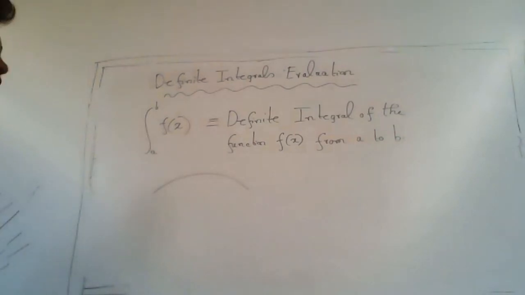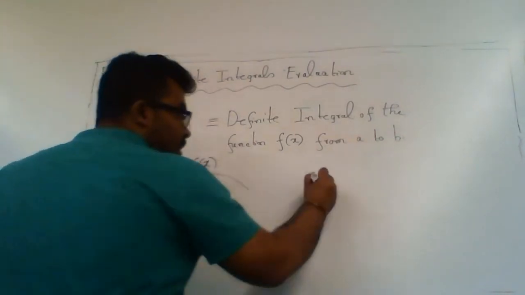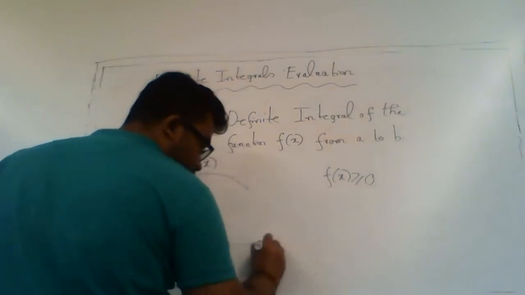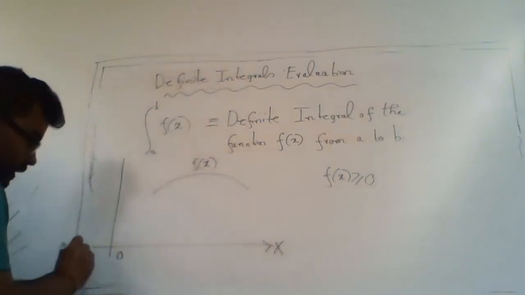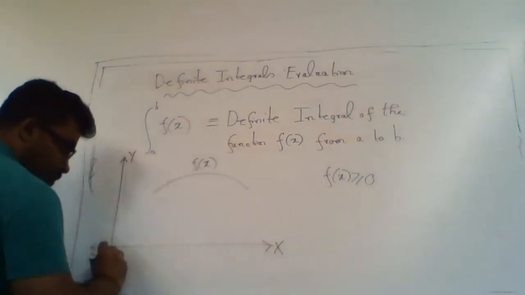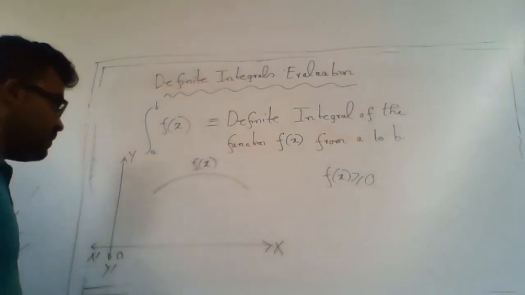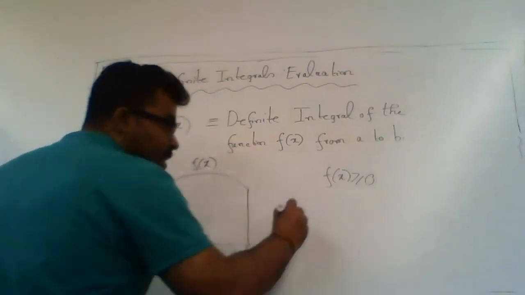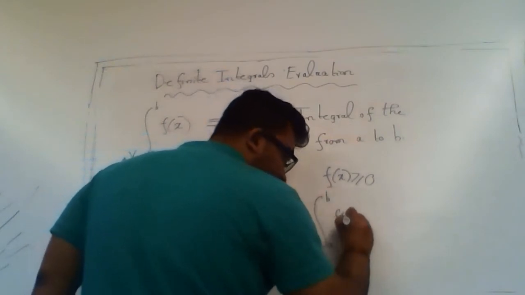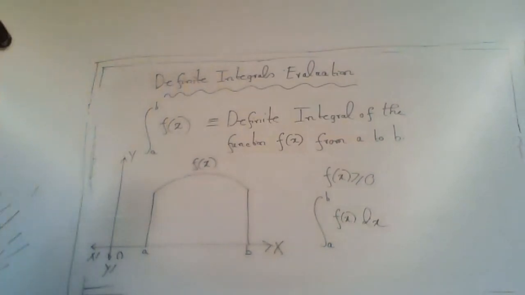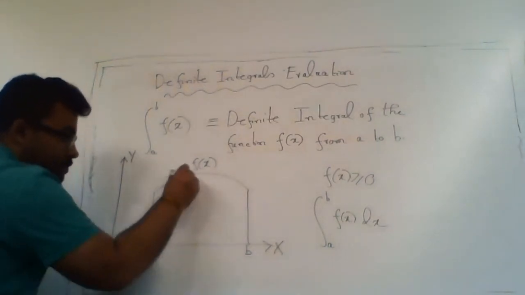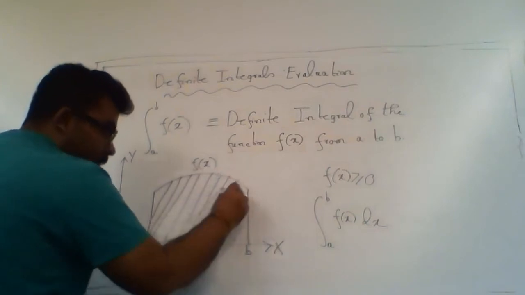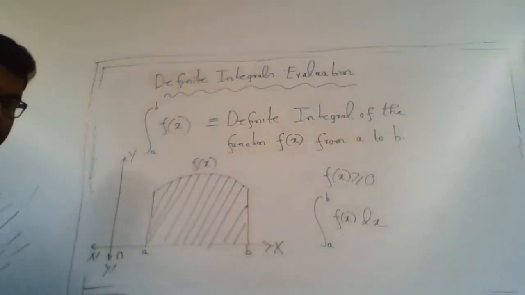So if my function f(x) is always positive, that is, if f(x) is always greater than 0, so x, x prime, y, y prime, if my function is always positive and if it is defined in the domain from a to b, that is, it is defined in this interval, then if I integrate from a to b f(x) dx, what do I get? I actually get this area.